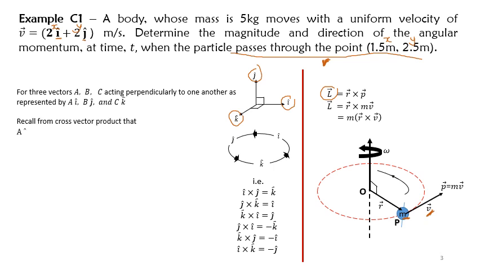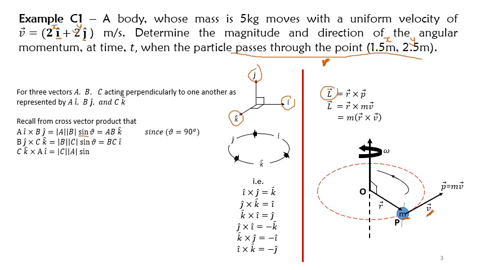So for the cross product of A and B, for example, A i cross B j, the perpendicular means that you use sine. I think you know that before now. So AB sine of the angle between the two vectors. Because they are perpendicular vectors, the angle is 90, so sine 90 is 1.